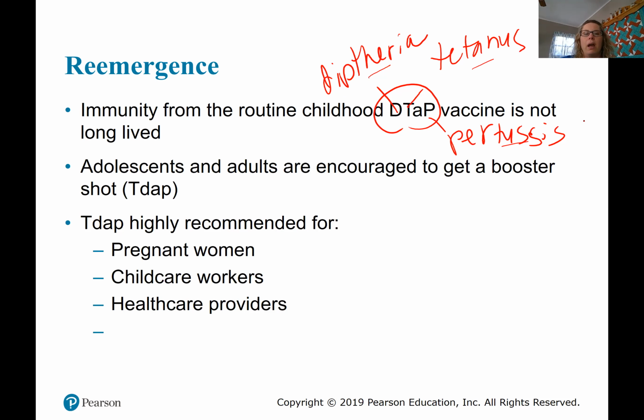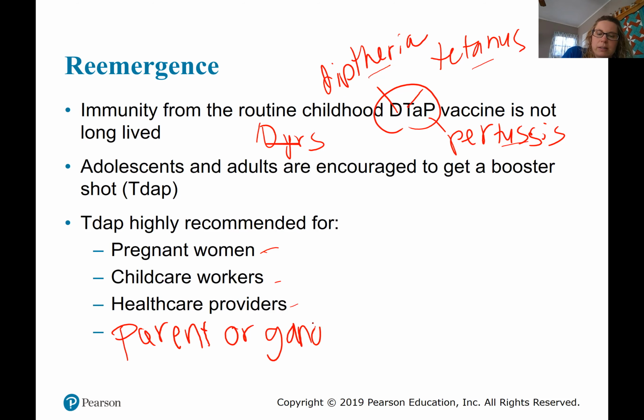And so just like tetanus, pertussis immunity doesn't last very long. So every 10 years or so, you should get that vaccination again, especially if a woman is pregnant, if you work at a daycare or you work with young children, you're a healthcare provider, or if you're a parent or grandparent that is around young children, PARENT.